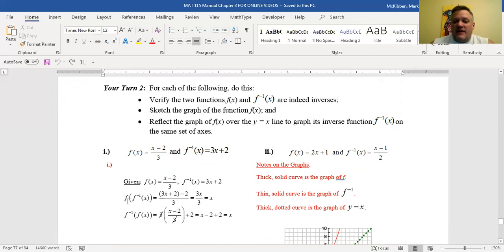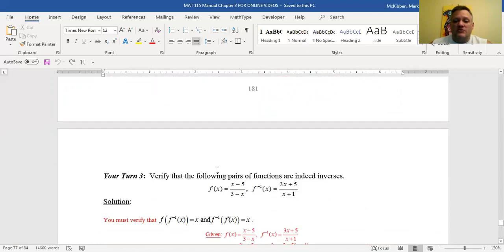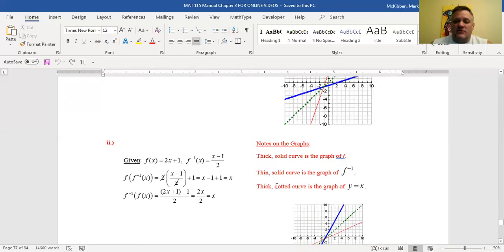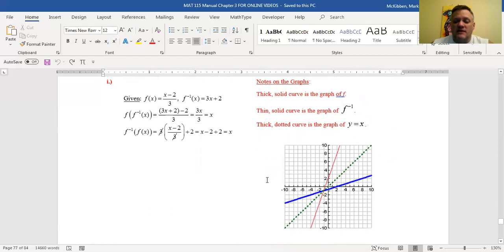You're verifying that they undo each other algebraically by composition. And then you are noticing that they are indeed reflections of each other over the y equals x line, right? So we're doing that for a couple of lines. Just do that. And then also this one here, just take some time. The answer is in your manual, but I'll pause here so you can see it to check yourself.